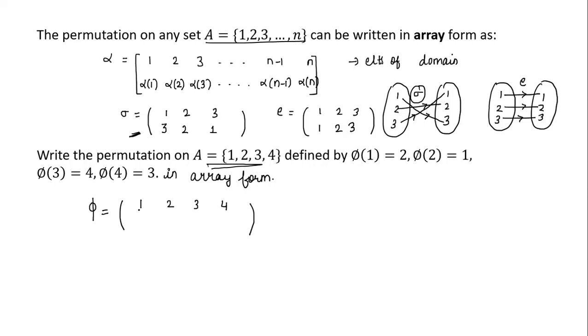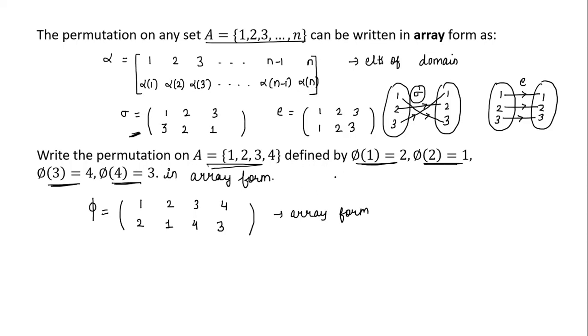Under 1 I will write the image of 1 under phi, which is 2. Here the image of 2 under phi will be 1. Now phi of 3 is equal to 4, so here I will have 4, and phi of 4 is 3, so here I will have 3. So this is the array form to represent phi, the permutation.